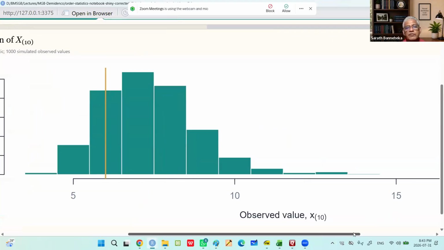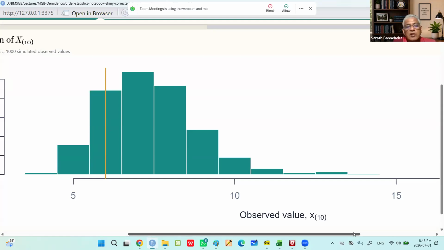So using this kind of simulated distribution, we can also calculate some probabilities approximately. For example, when you take 10 observations, what is the probability that the largest value is greater than 10? What is the probability that the largest value is less than 5?